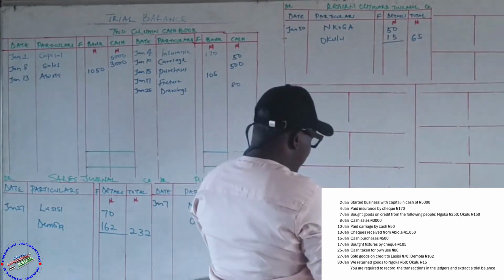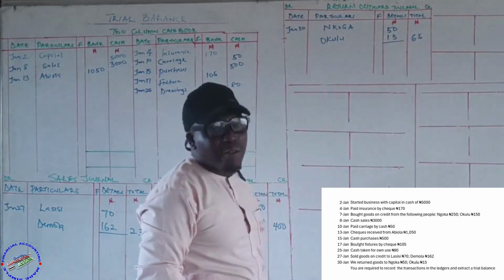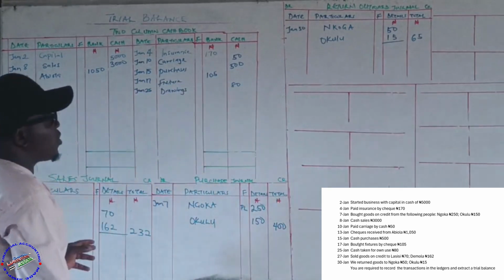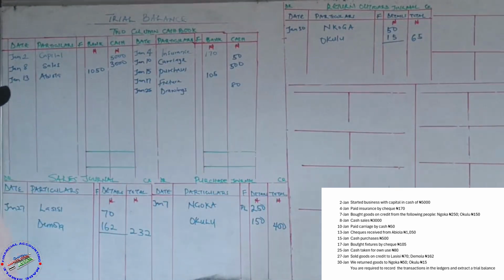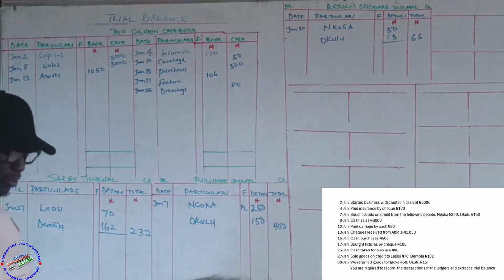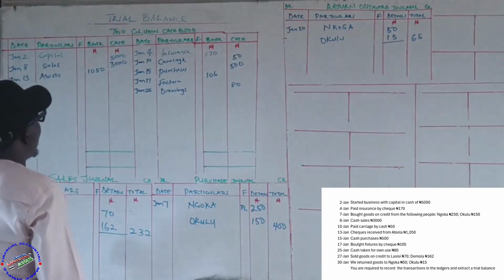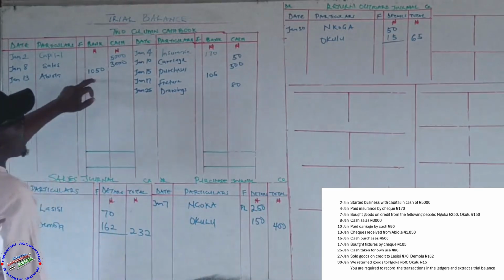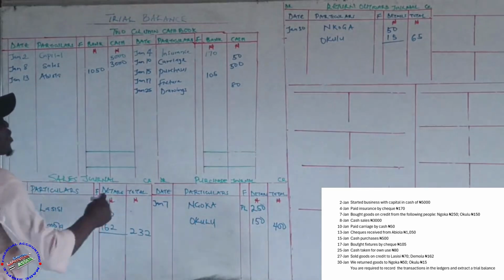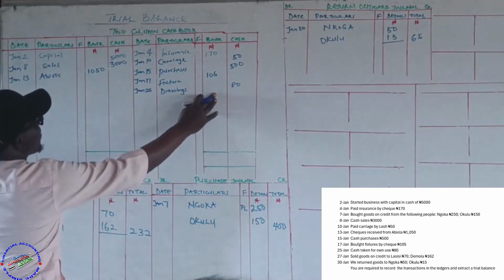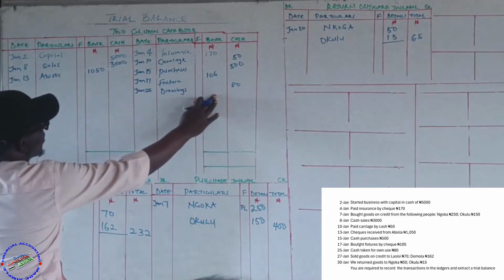So having done this, we have posted all the transactions in their subsidiary books. So we can balance off all the subsidiary books and post to the ledger. So on the debit side, we had 1,015 naira, which is greater than what we had in the bank column on our credit side.